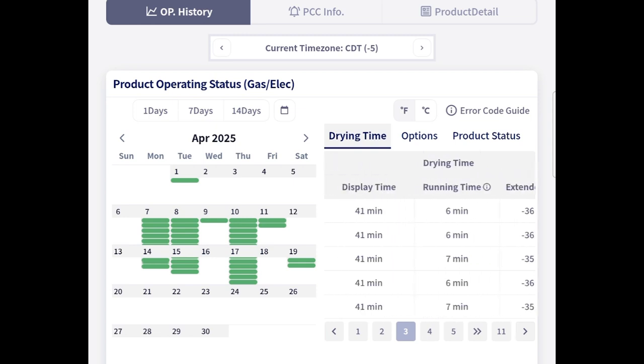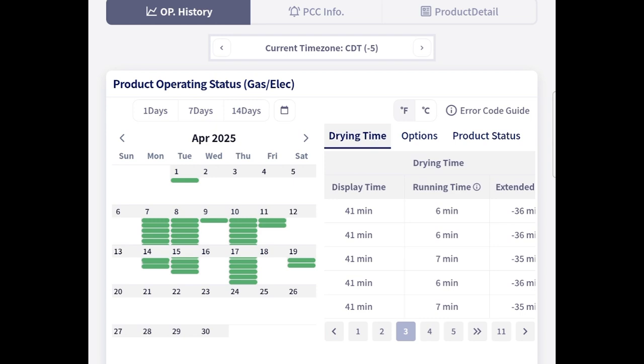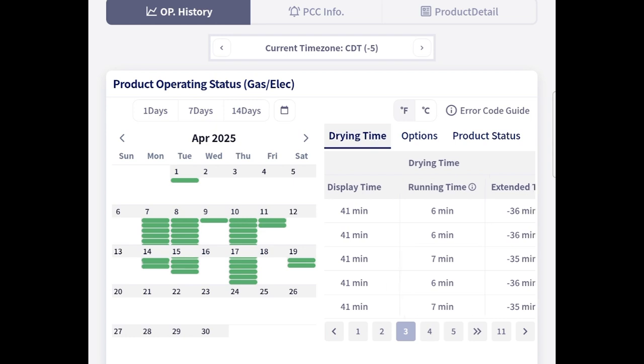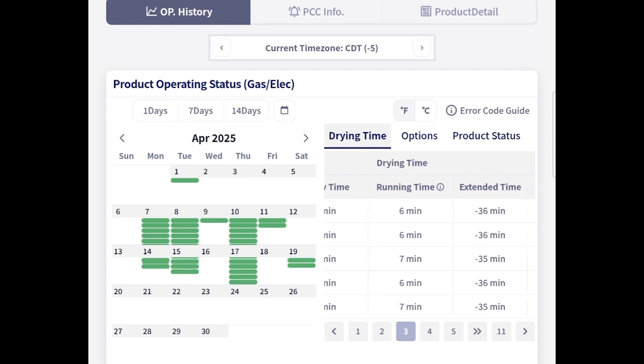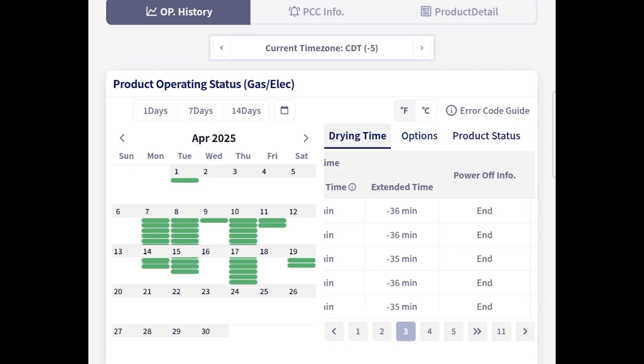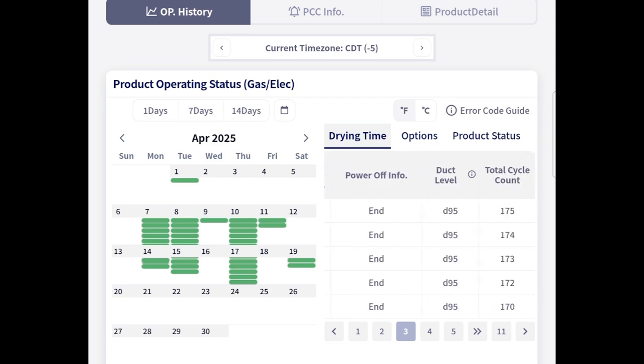Another thing that you'll notice that's odd is, each cycle, the display time and the run time is way off. So the cycle's ending really fast. That's why all the extended times are in the negatives like that, like negative 36 minutes. So anytime it gives a D95, it's not going to let the cycle continue, and it's going to shut down shortly after running. So again, this is an example of D95.